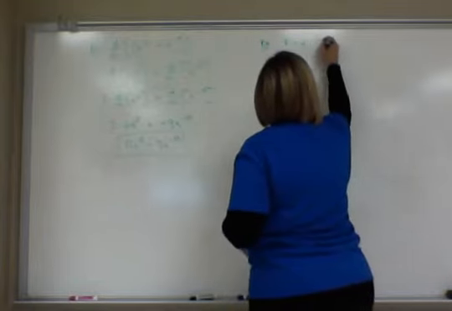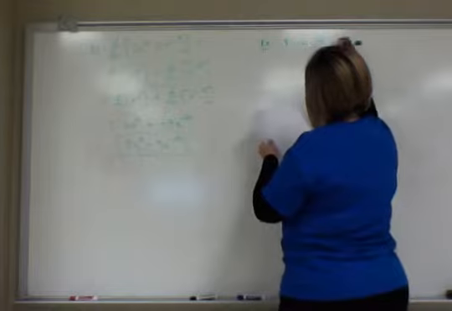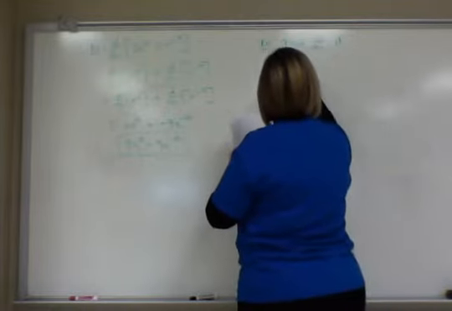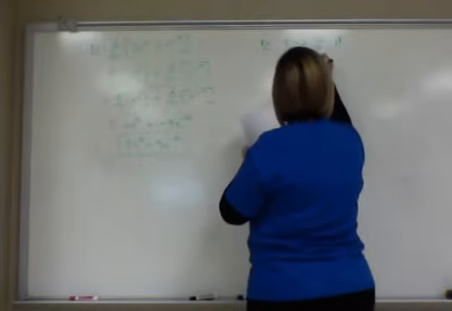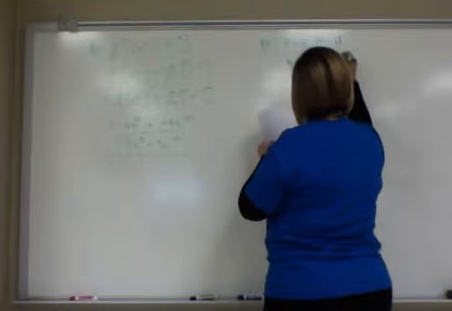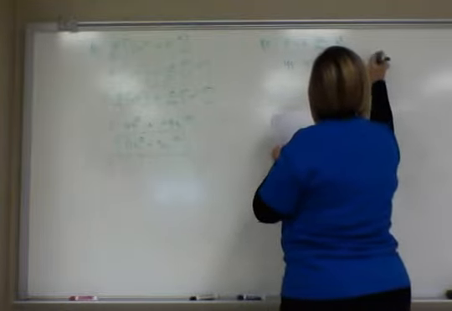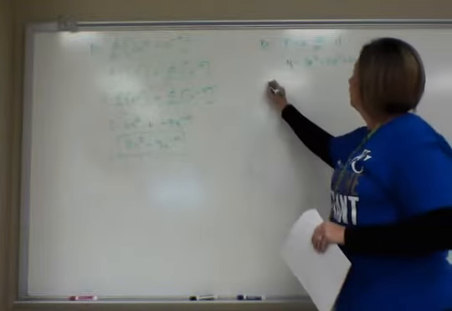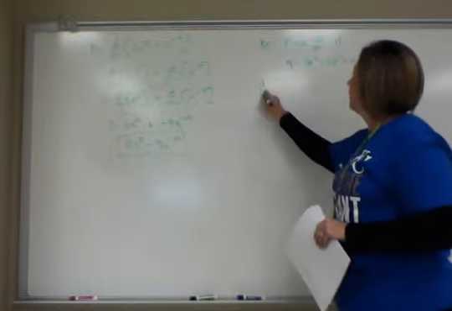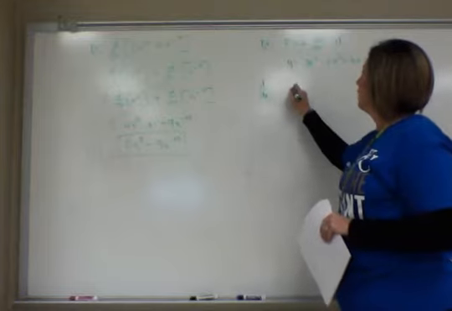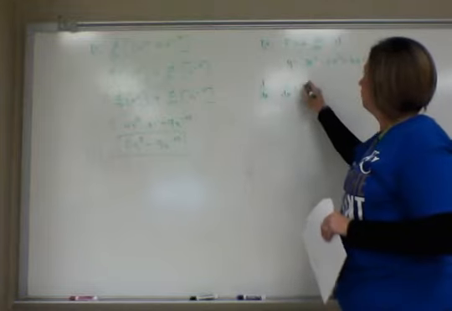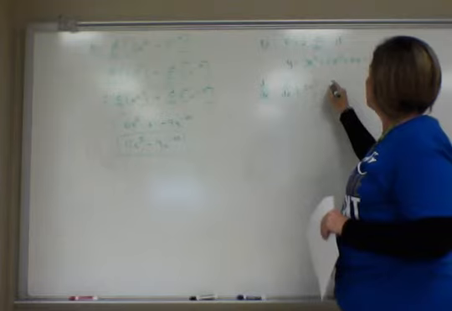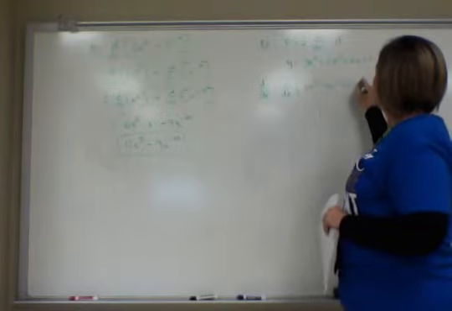Find dy dx if y equals 3x to the 8th minus 2x to the 5th plus 6x plus 1. Okay. So dy dx is going to be d dx of 3x to the 8th minus 2x to the 5th plus 6x plus 1.